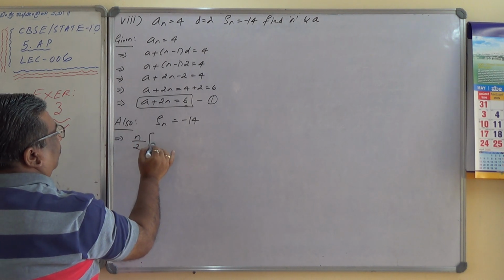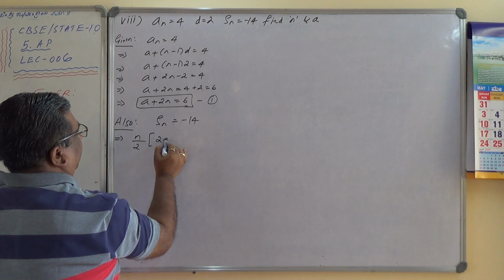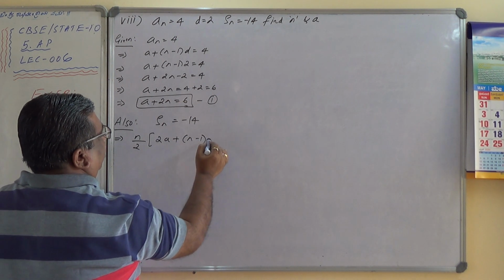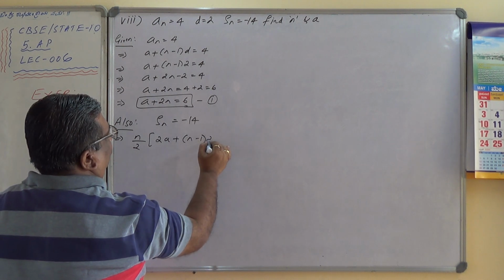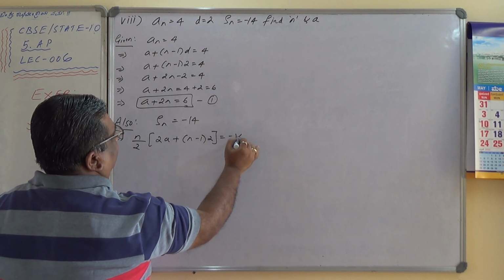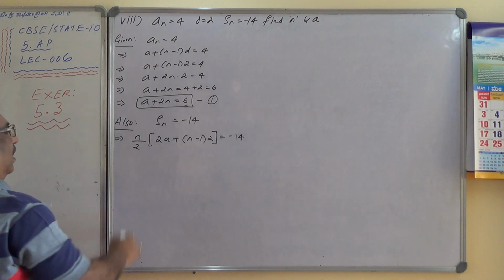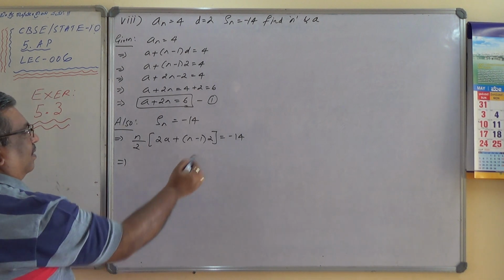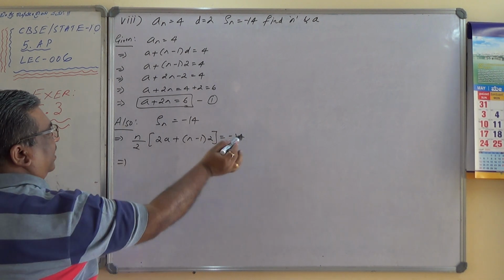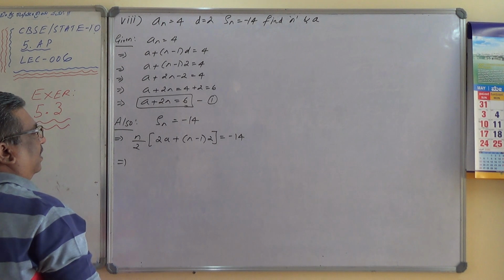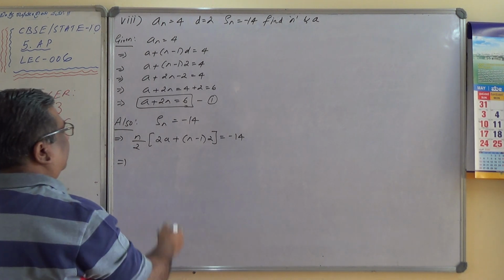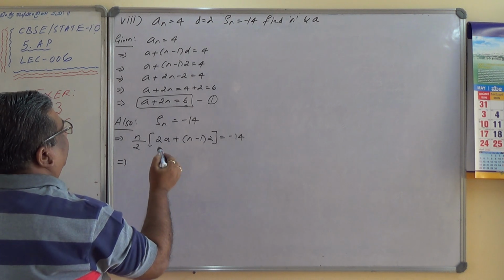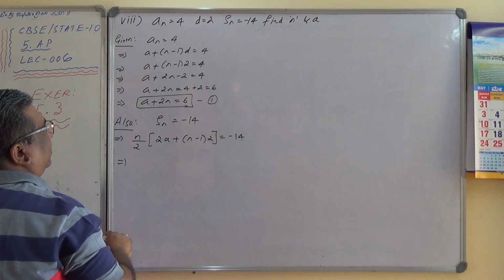N by 2 into 2a plus n minus 1 into d, d is 2, equals minus 14, which equals 2 multiply that side, minus 28 I will take, and n take it inside. Understand? I can take n inside. Yes, we'll see how to find out.